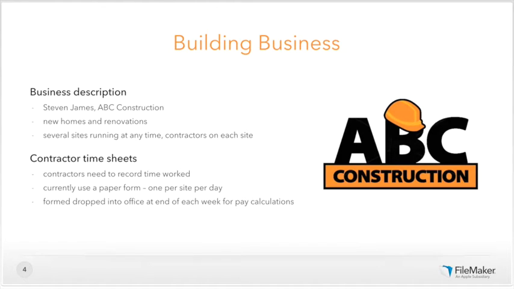One of the areas of improvement that Stephen's identified is the timesheets completed by contractors, and this is a smart thing to focus on, one particular task that he can improve to start with. So currently the manager has a form, 1 per site per day, that's filled out by every contractor. Now, in a perfect world, these forms are dropped into the office at the end of each week so that pay calculations can be done. But, of course, it's not a perfect world.